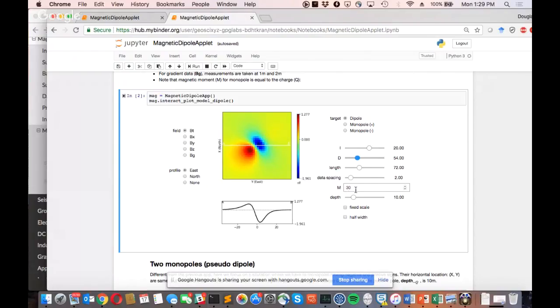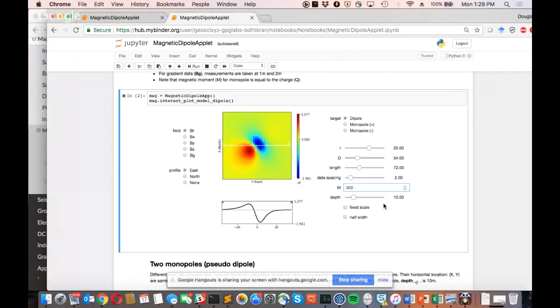There's an option here for data spacing. We'll talk about that in a second. And then there's M, the magnetic moment of the dipole. Right now it's set to 30. The value up here is 1.27 nanoteslas.